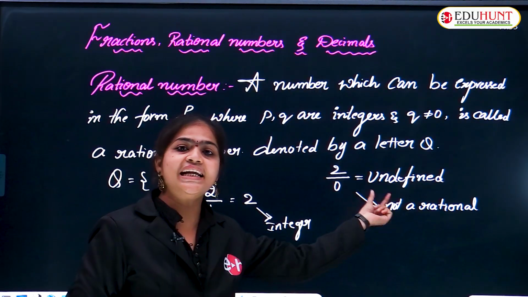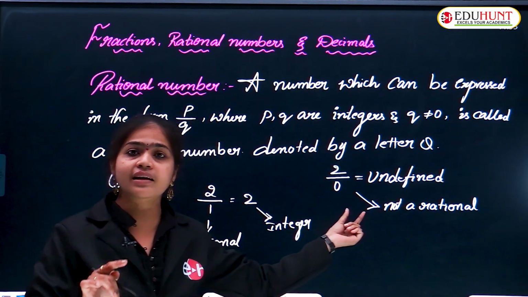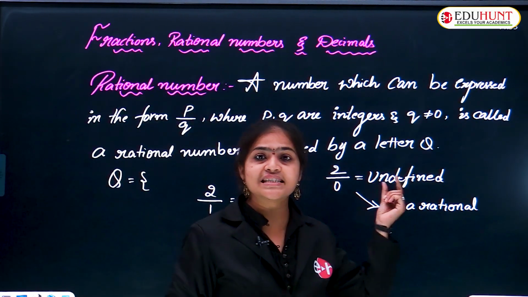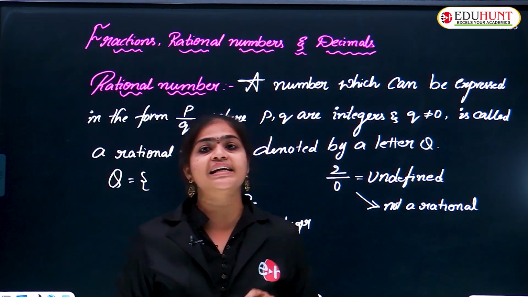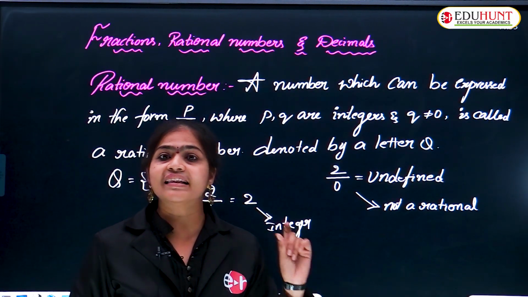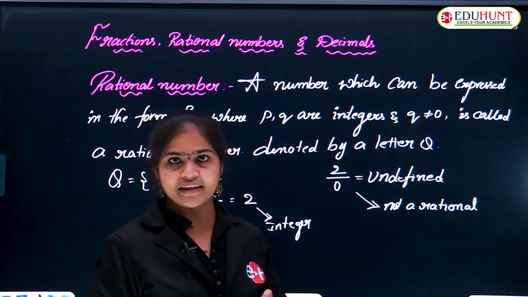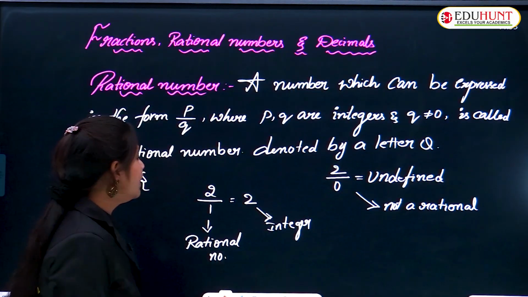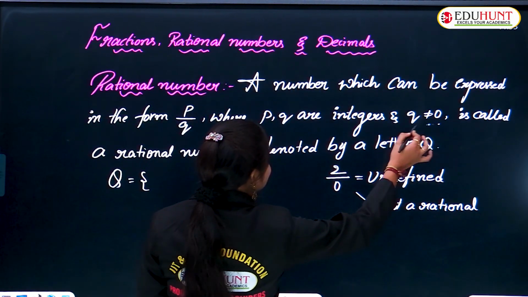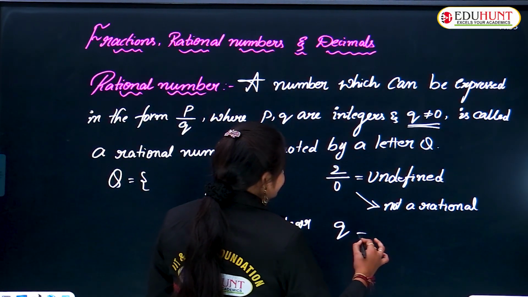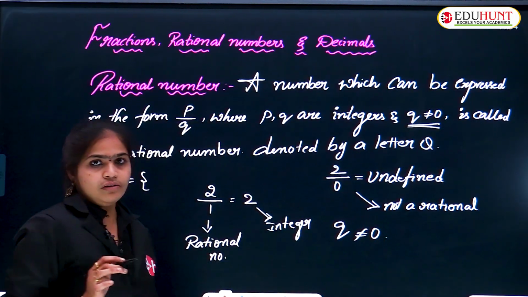But here we are not getting any quotient. That's why if you take 0 as the denominator, then it is not a rational number, because in that case the quotient is undefined. That's why the condition q not equal to 0 must be applied.